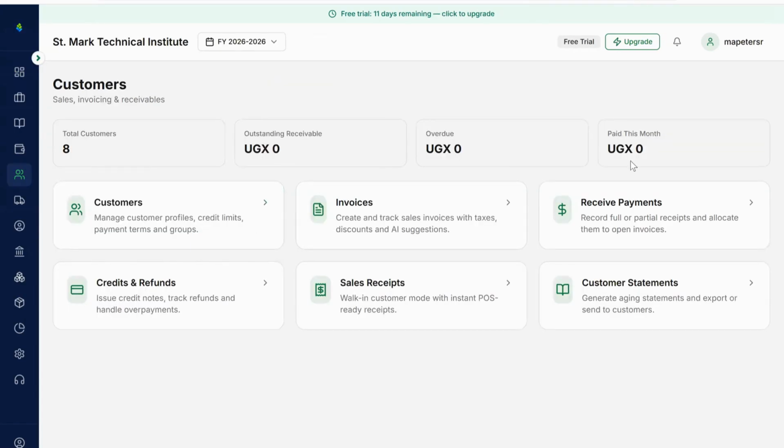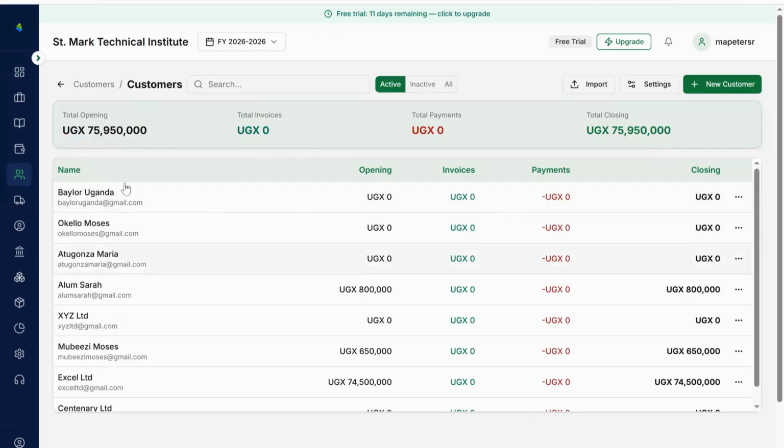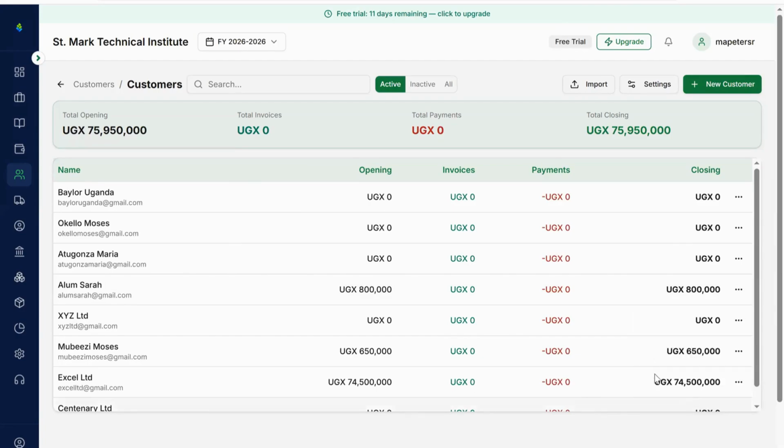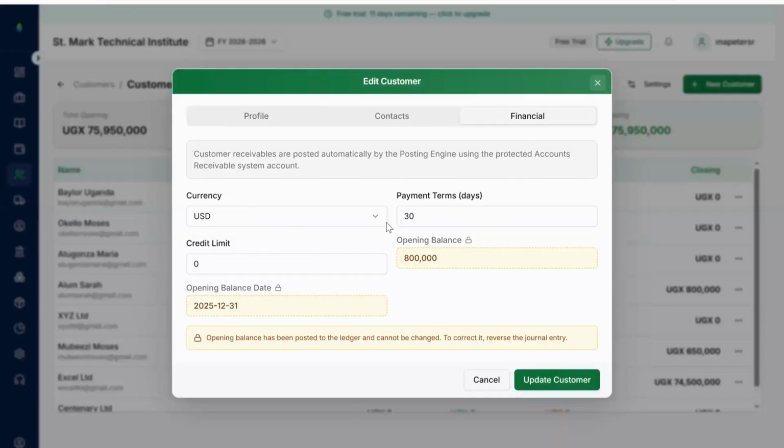Under our customers workspace, under the customers functional area, we have already created our customers, and some of these customers had balances from the previous period. For example, Sarah here has an opening balance, and if I just try to edit, you would see that Sarah's financial record has an opening balance. This has already been created.